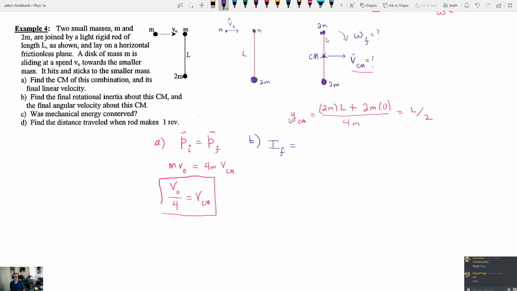And we've got 2m up here, and it is a distance of L over 2 away from the center. So for each mass, we use the moment of inertia for a point mass, as we said before, which is m times r squared, where r is the distance to the axis. So in this case, we have 2m multiplied by L over 2 whole squared, plus another 2m on the bottom that is also L over 2 away. And, oh, I left off the m here.